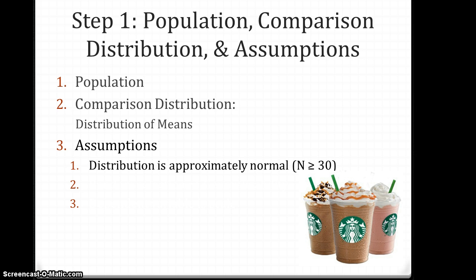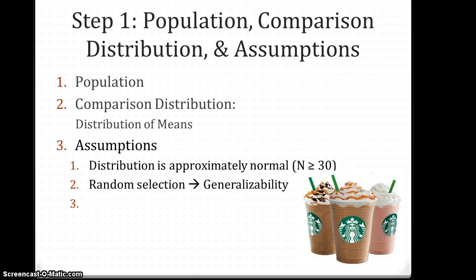We know that when we have at least 30 scores that the mean is based on, that distribution is going to approximate a normal distribution. So as long as our sample is 30 or greater, we should be okay there. In this case, we're using an n of 1,000. That's certainly greater than 30, so we meet this assumption.